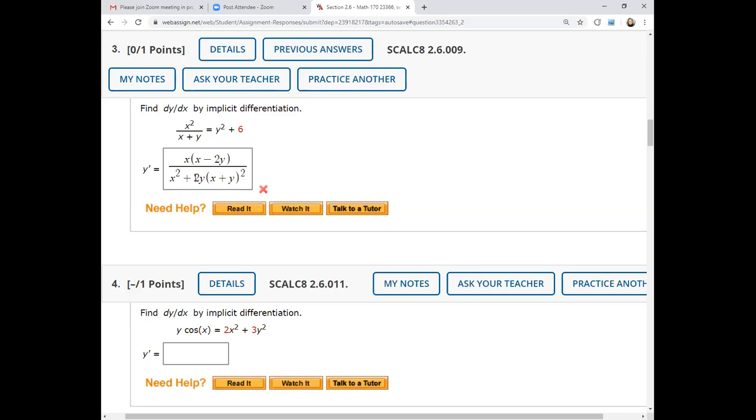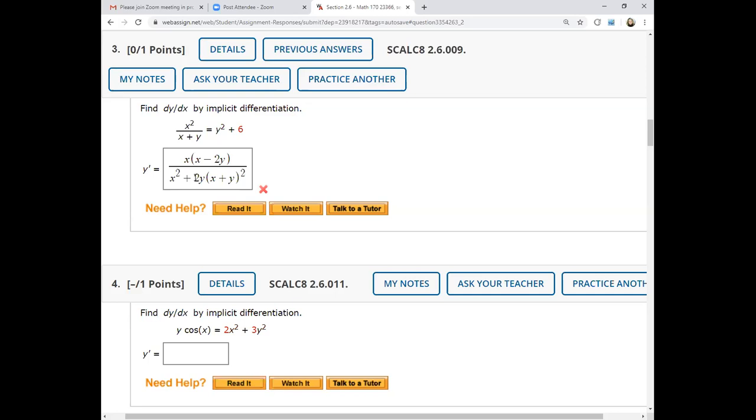So the denominator, you write it like it is. You take the derivative of the numerator, which is the derivative of x squared, that's 2x, you subtract the numerator, x squared, multiplied by the derivative of the denominator with respect to x.